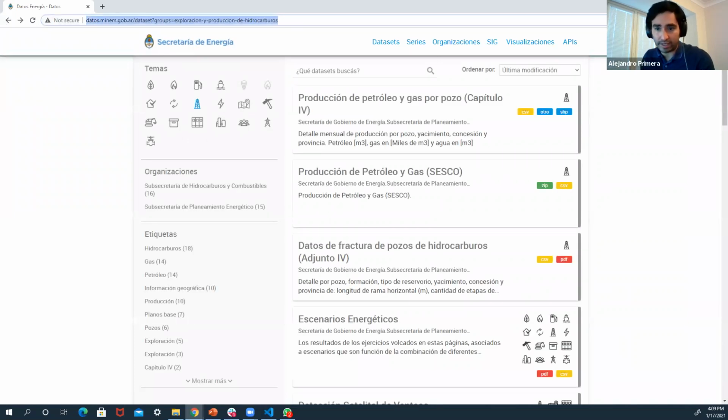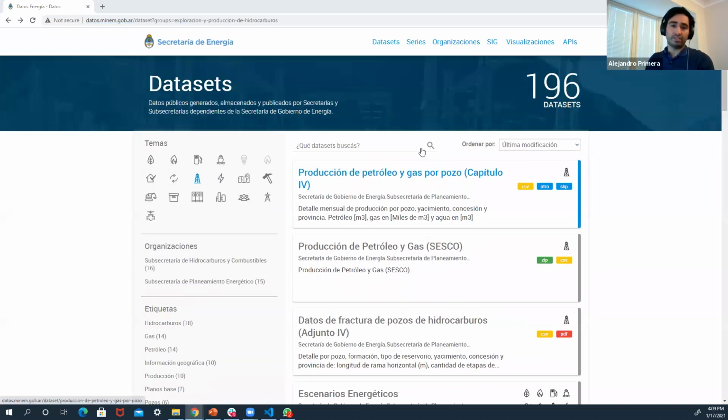I'm going to put the information here on the chat as well. So this is all in Spanish. For the exercise, I've managed to convert some of the columns so that everyone can follow up on some of the analysis, some of the data that we are analyzing.